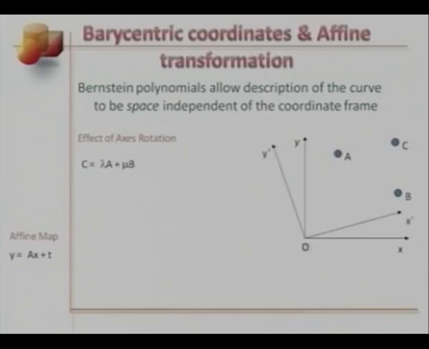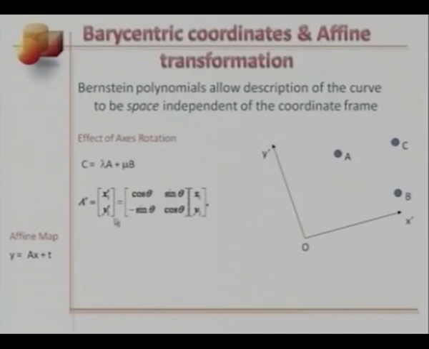If we rotate the axes to x prime, y prime, maintaining the position of the origin, and if the rotation angle is theta, what happens?